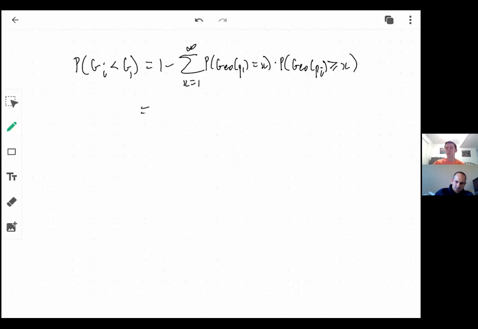So it's going to be 1 minus the sum, x going from 1 to infinity, of P1 times (1 minus P1) to the x minus 1, times, okay, what's the probability that GOPI is equal to or greater than x?